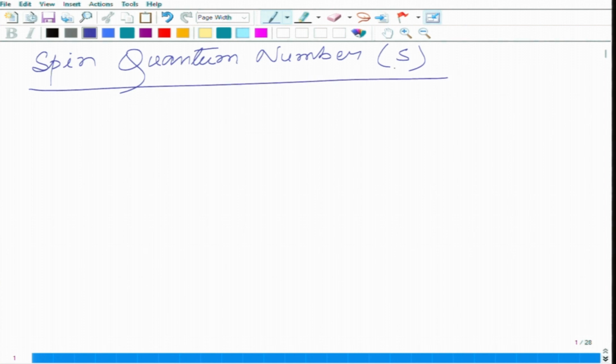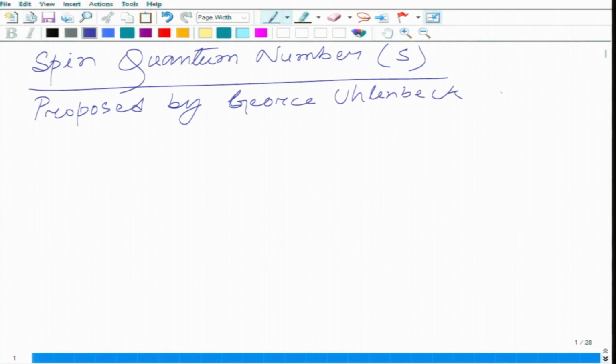That is denoted by S, and this was proposed by George Uhlenbeck and Samuel Goudsmit.